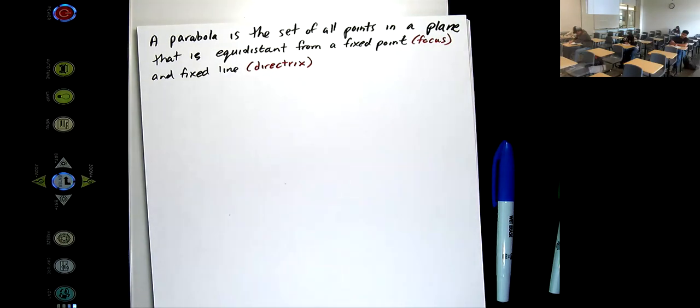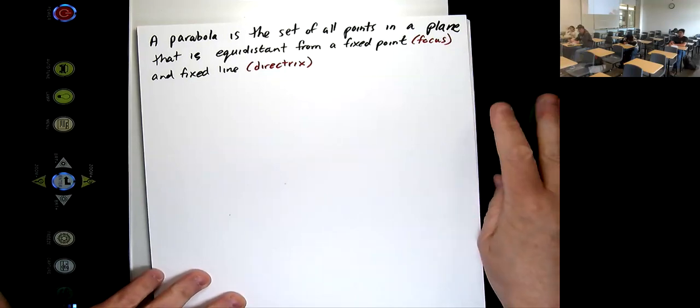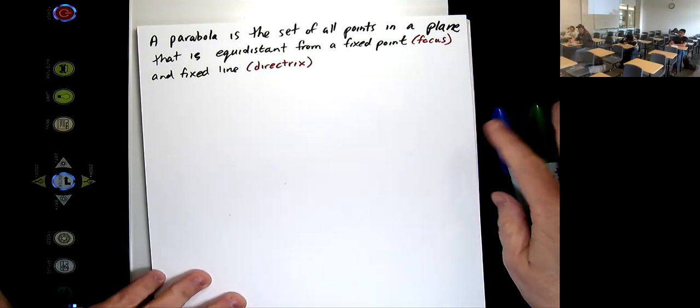which is a great D&D name. I'll tell you that right now. I've used stuff like that. I've used directrix. It's a cool name. Even in World of Warcraft, I named my hunter Directrix.